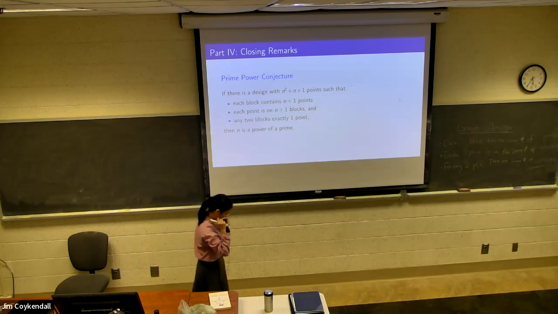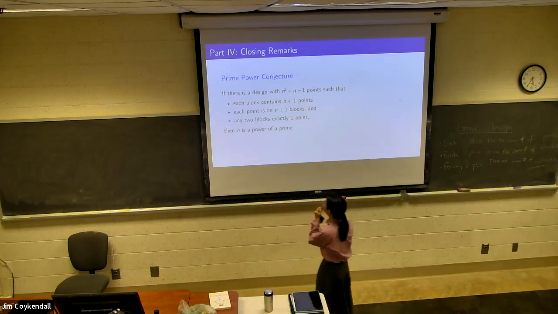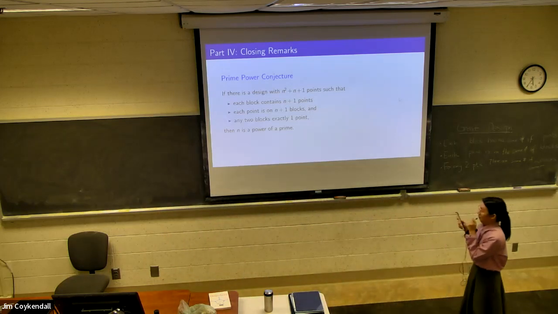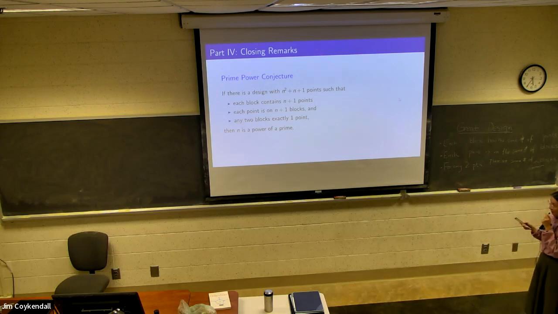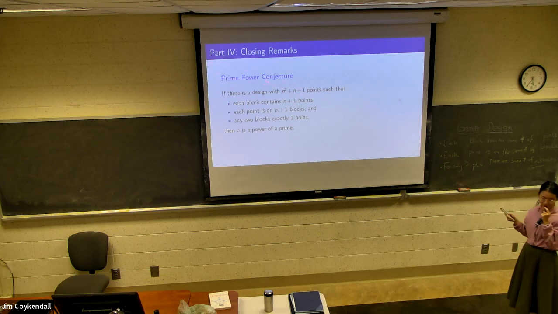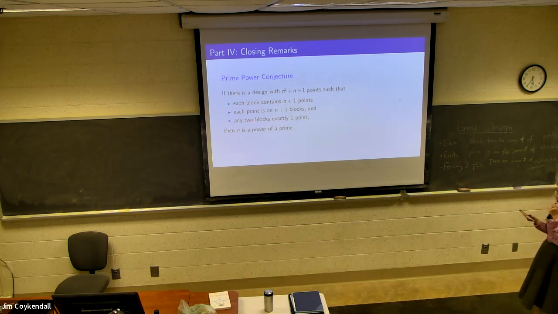My closing remark is a conjecture. It is called the prime power conjecture. It says that if you get a design with this number of points, so that is what we have for the magic blocks, each block contains n plus 1 points, each point is on n plus 1 blocks, and then the last one is any two blocks intersect at exactly 1 point.